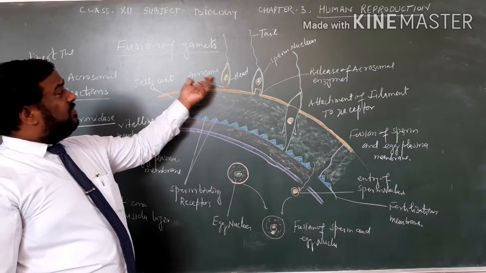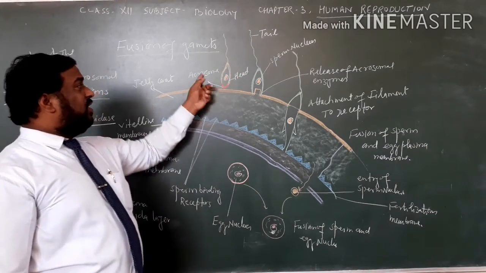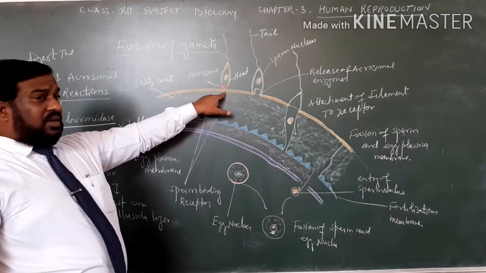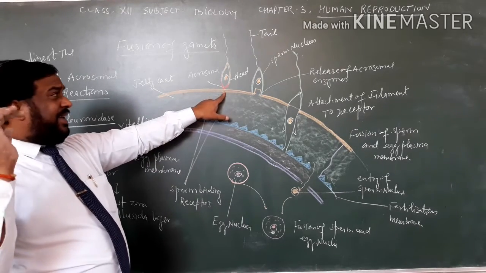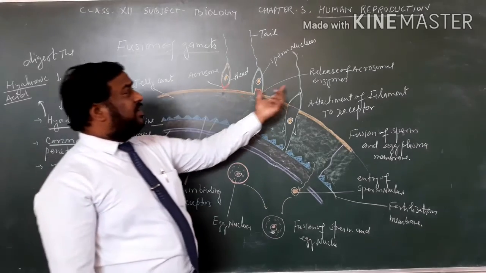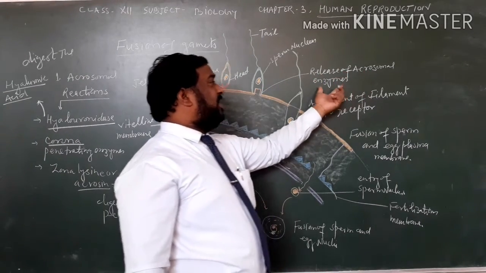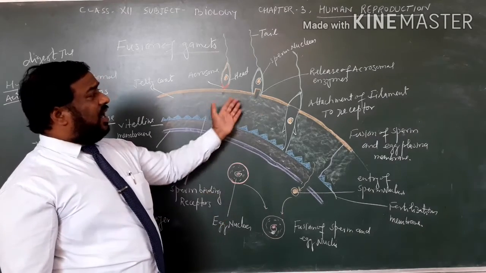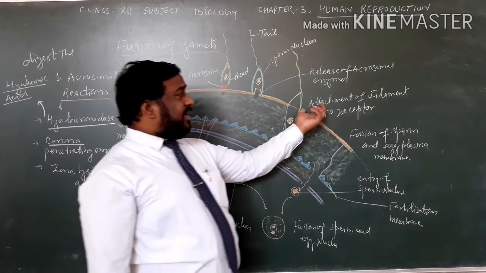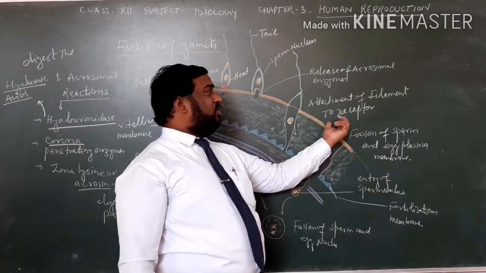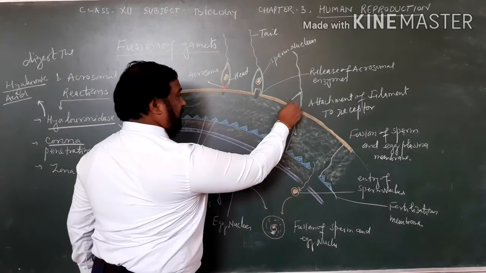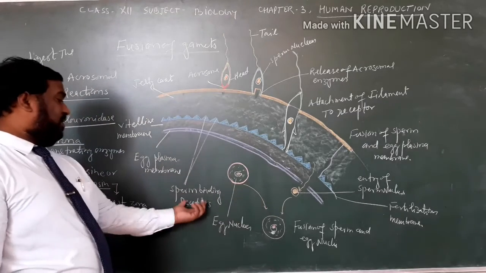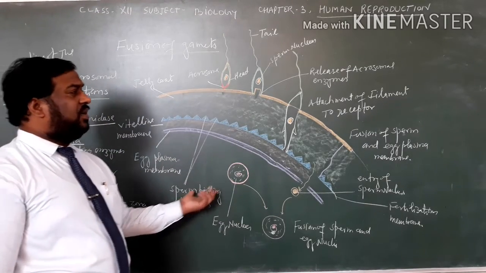Now the acrosome is the head of the sperm. When it contacts this layer, hyaluronidase can digest the layer. So here the acrosomal enzymes are released and digest this layer. After some time, the filament attaches to the receptor, that is the sperm binding receptor.